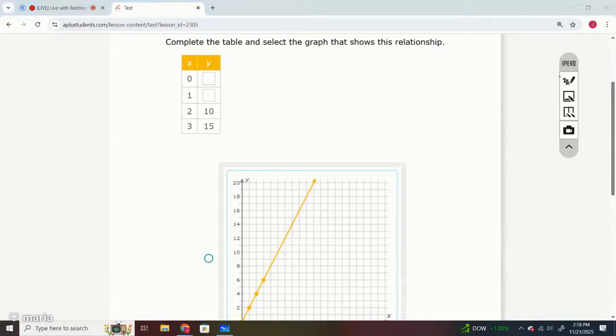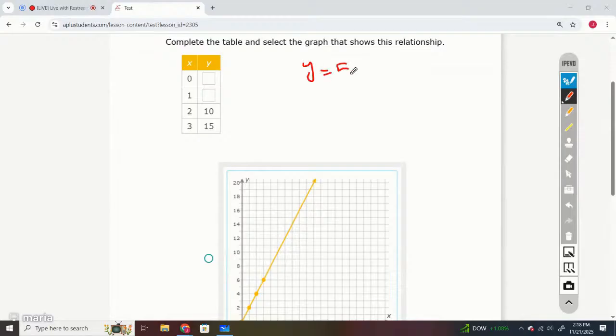Let's just complete the table of values first. y equals 5x, x is 0, so that is 5 times 0. 5 times 0 is 0. 5 times 1 is 5. So here are the missing values: 0, 0, and 1, 5.